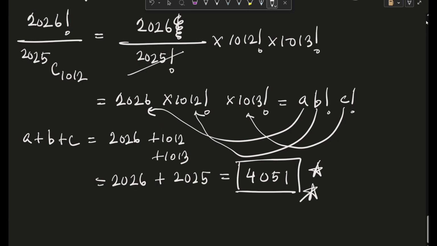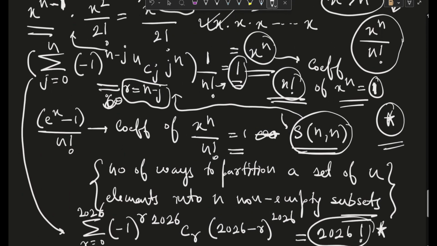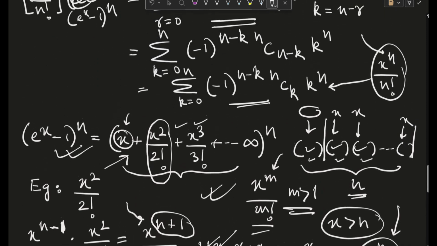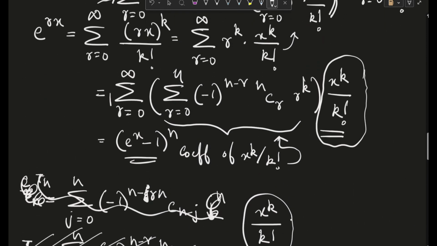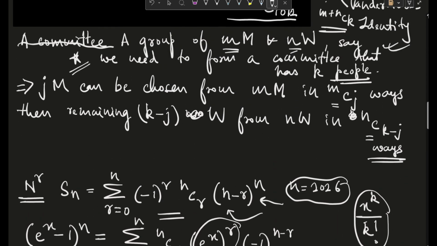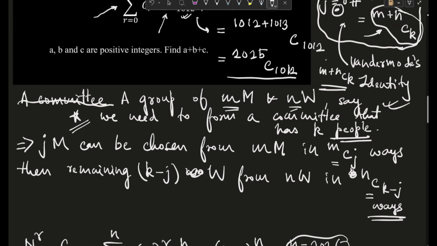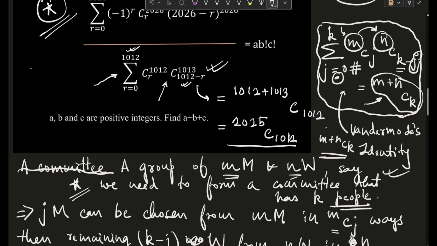So guys, I will just scroll and show you whatever we did right now. You can see the whole lot of stuff we did. It's pretty complicated. I myself admit this question is very tough for you guys. But anyways, our final answer is 4051.